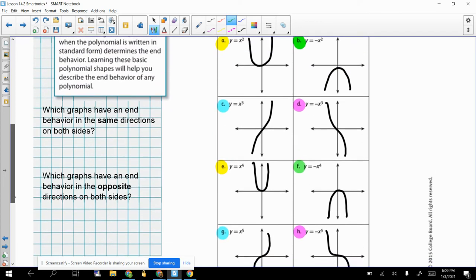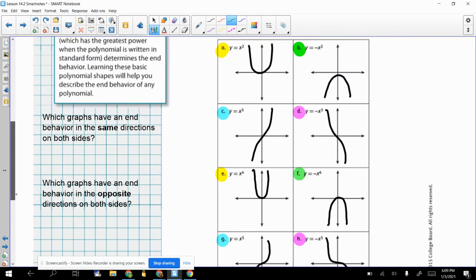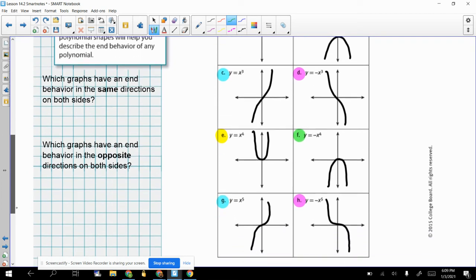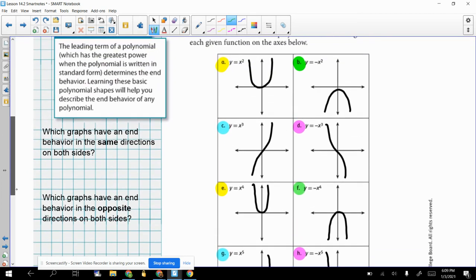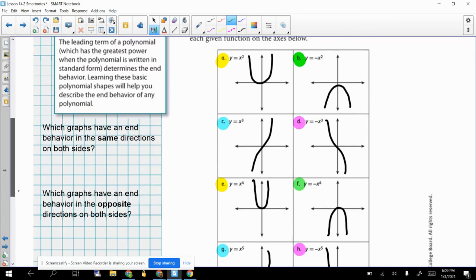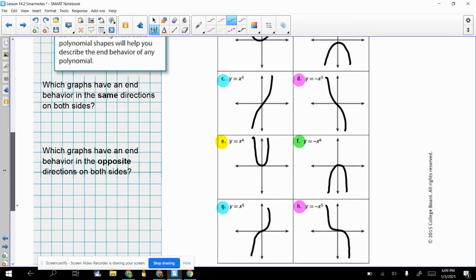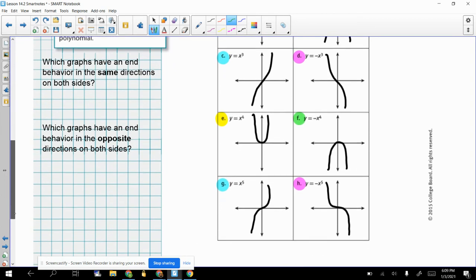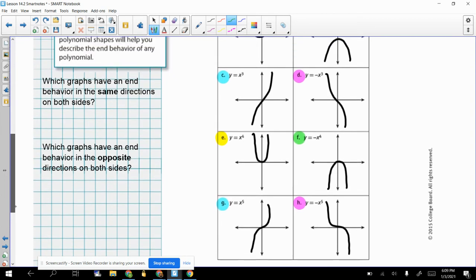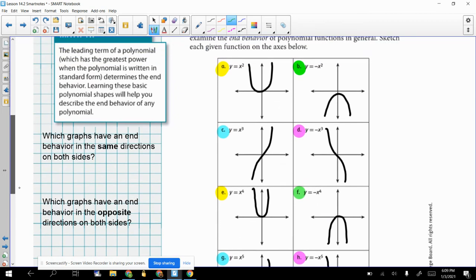I want you to maybe pause the video and check them out or graph them in your calculator on your own. We have x squared, negative x squared, x cubed, negative x cubed, x to the fourth, negative x to the fourth, and x to the fifth, negative x to the fifth.